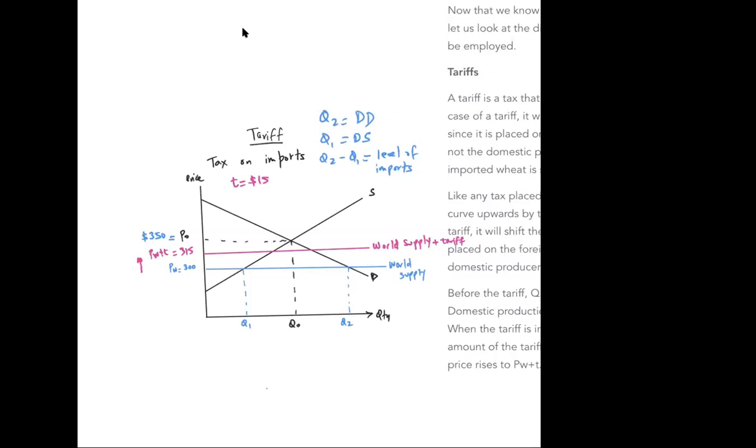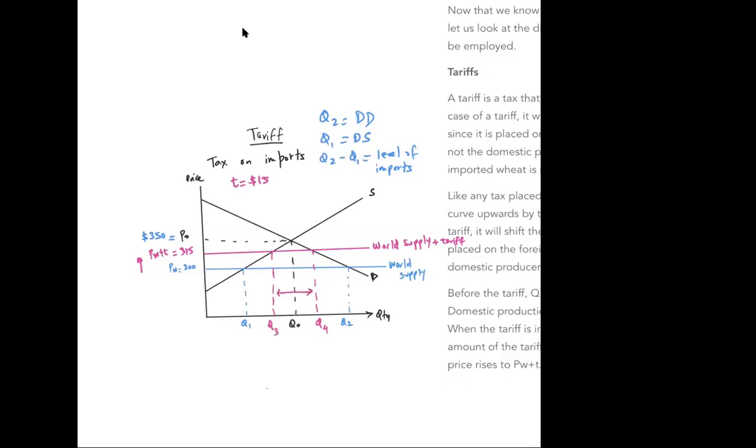They put a tax of $15, which would mean now the good becomes expensive. It's not 300 anymore, it's 315, which means now Q4 minus Q3 will be the level of imports.